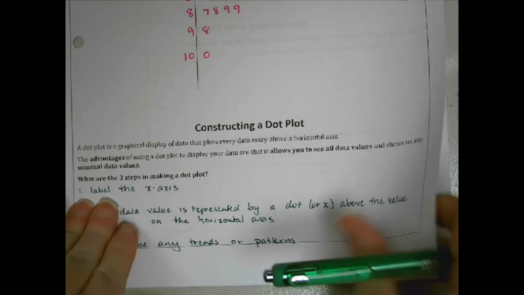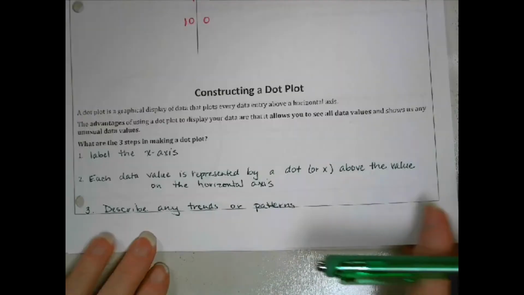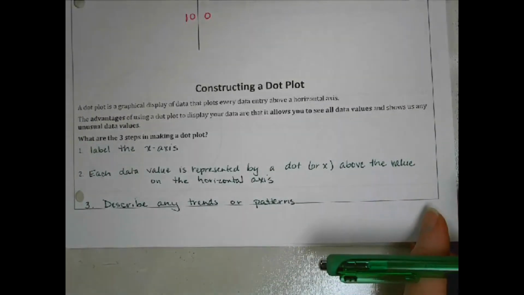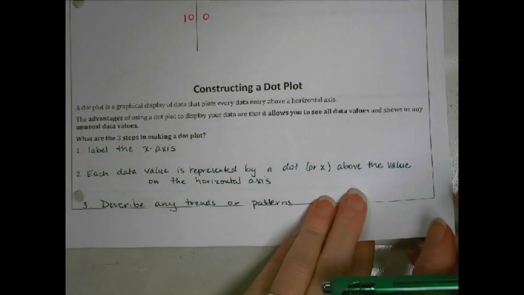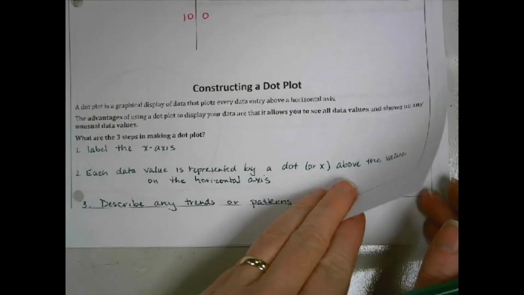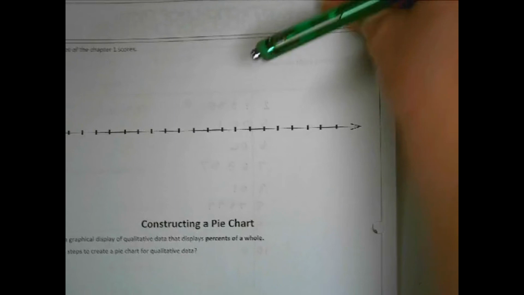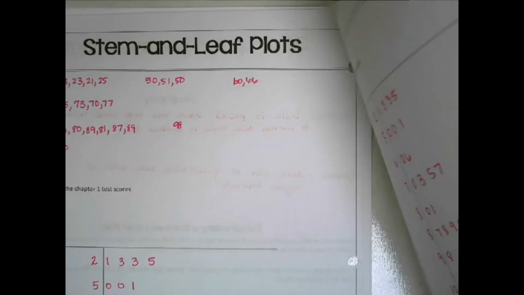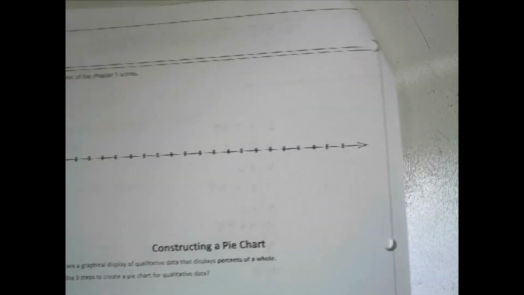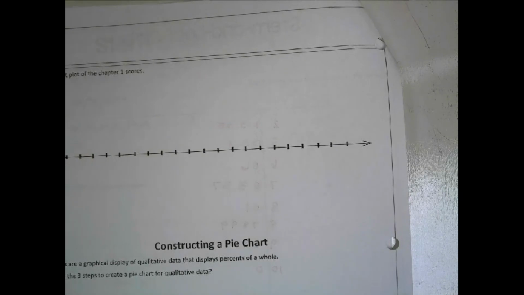So, if we're going to create a dot plot, describe any trends or patterns. All right, so we want to put these scores, and our scores go from 21 to 100. So let's see.